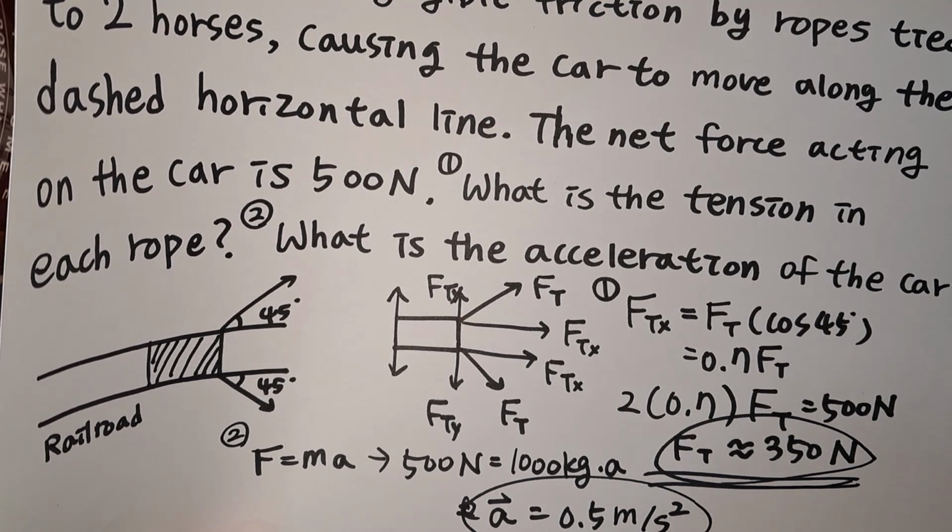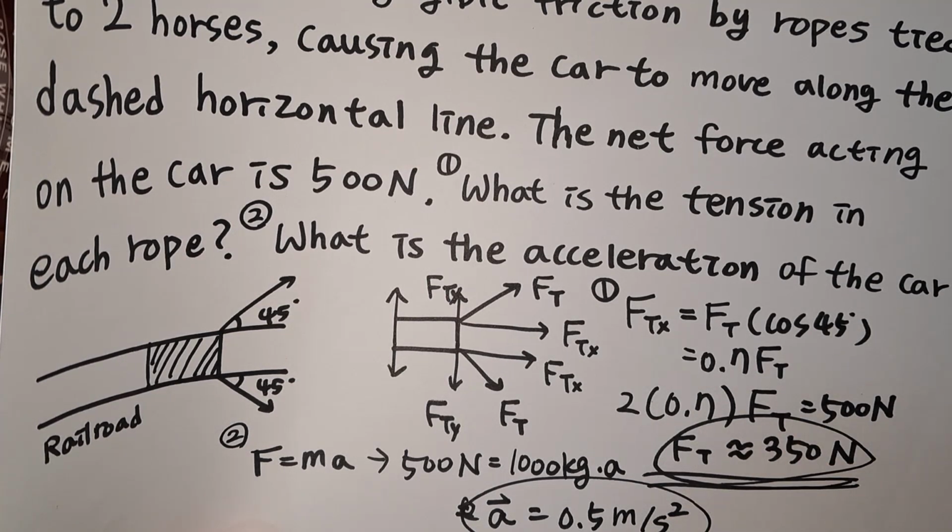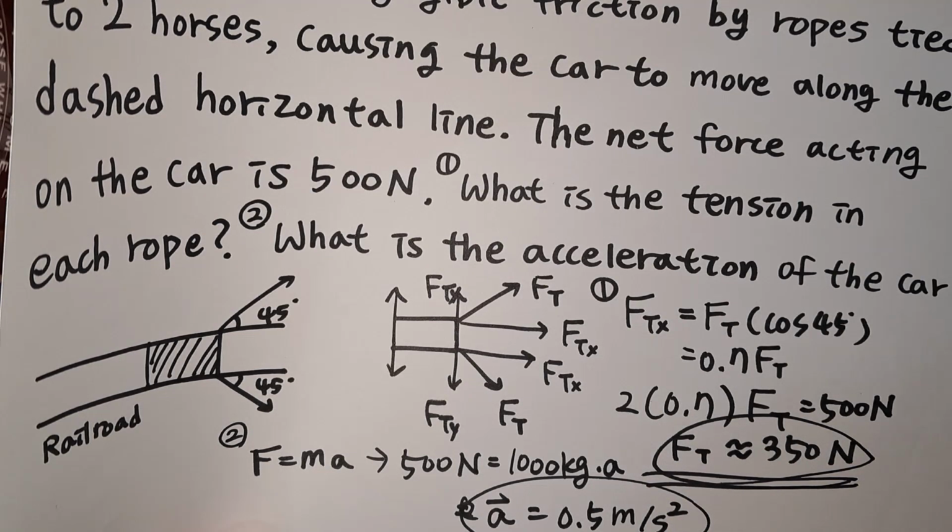So the answer to the first question is going to be 350 Newton, and as the answer to the second question, we can find the acceleration is going to be 0.5 meters per second squared.